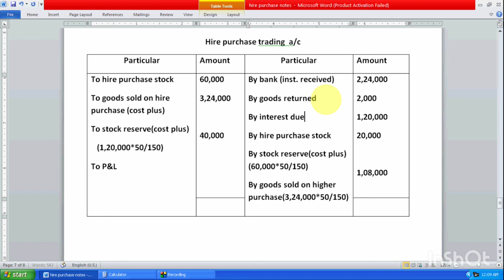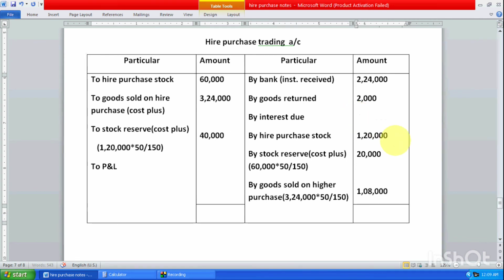You can also say interest due or installment due. Okay, let's transfer this. So here 24,000, how much do we have to receive? 24,000.